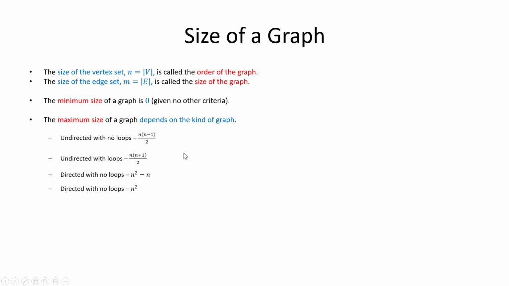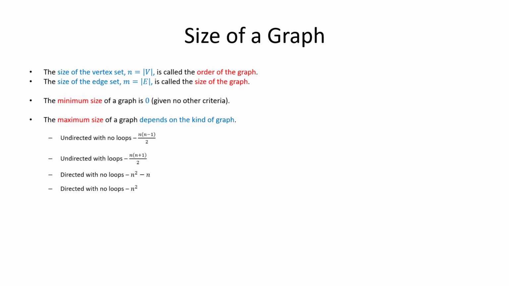I've got the spoilers here, sorry about that, but think with me for a second about how we come up with these values. The first one is an undirected graph with no loops, and I want to know how many possible edges I could have. When I'm counting them, I have to realize that if I count an edge from A to B, I can't count that edge again. I've already counted it once.